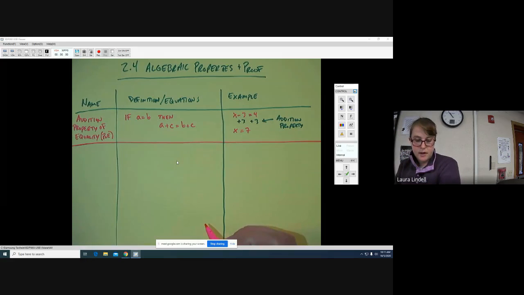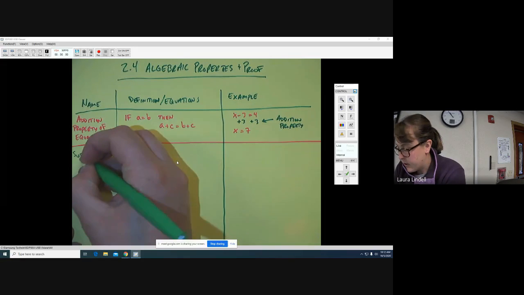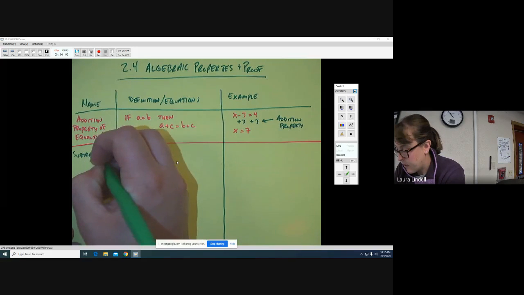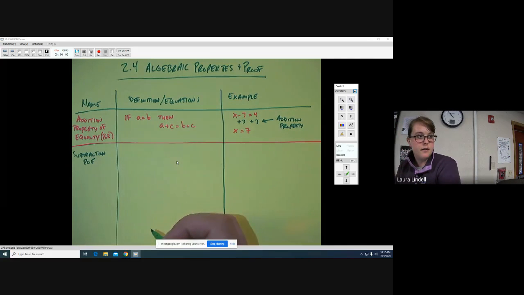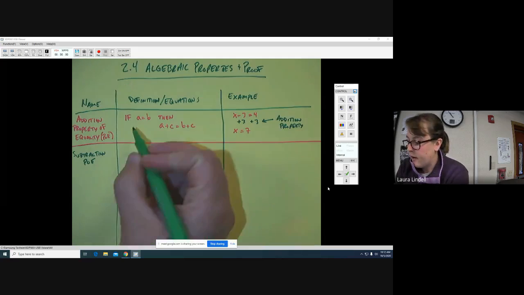Okay. Next one, we've had the addition property. Now we've got the subtraction property. So we've got subtraction, POE, for property of equality, which is way nicer to write than writing out all of that property of equality. And it starts off very similar.